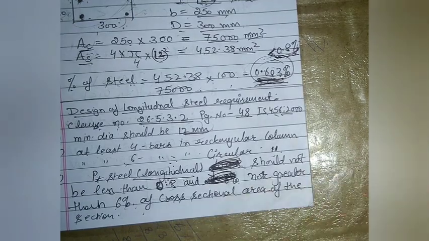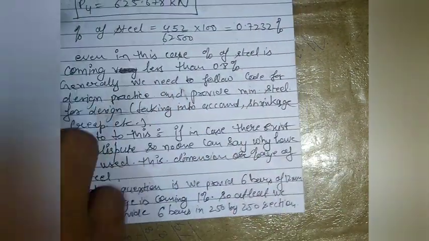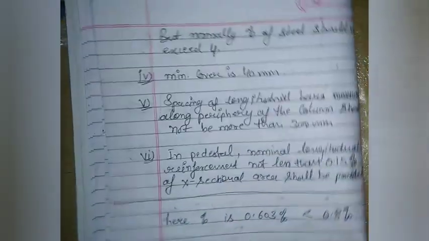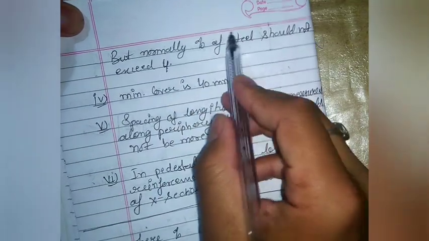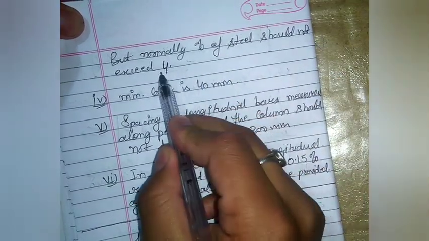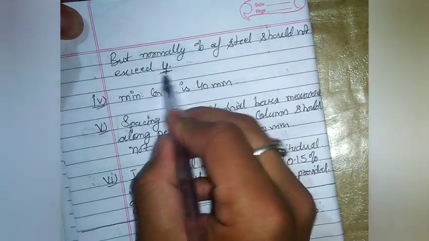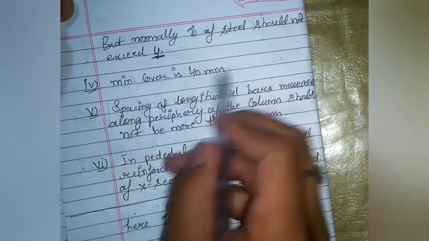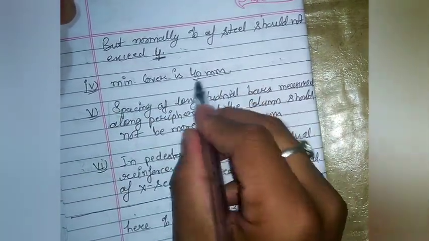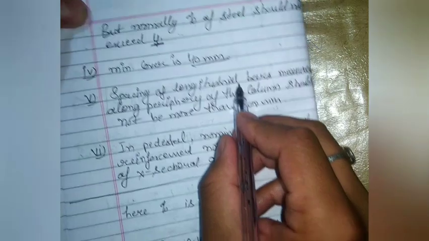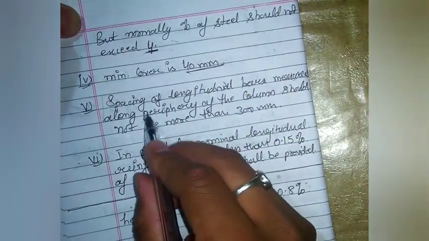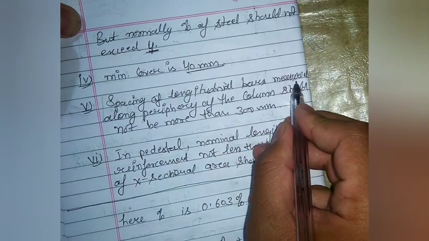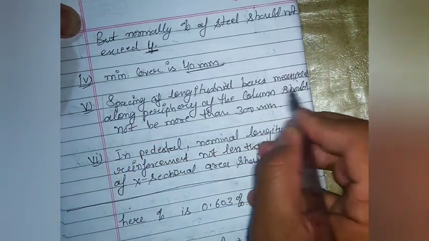Now next, moving forward. Normally the higher percentage of the steel is taken up to 4%. It should not exceed 4%. Now minimum cover to the steel is up to 40 mm, not less than this. Now spacing of the longitudinal bars. The spacing that we are going to give in the longitudinal bar is measured along the periphery of the column.